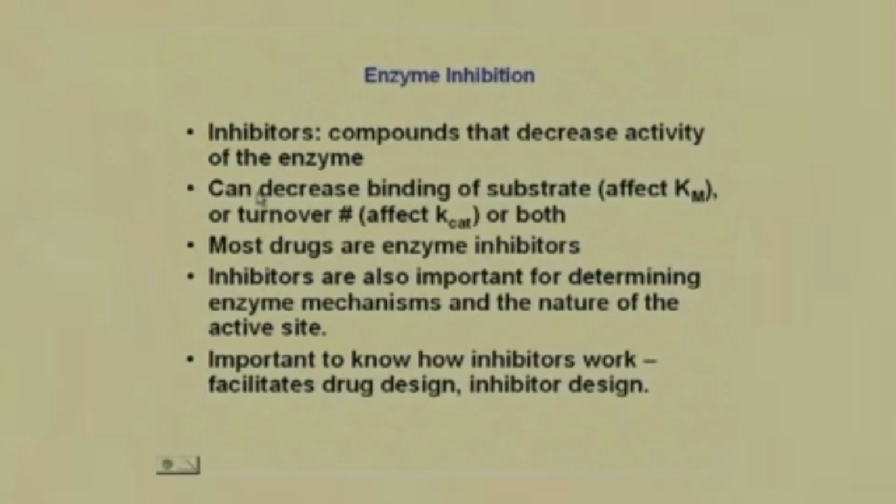They have to affect the efficiency of the enzyme. They decrease the efficiency of the enzyme by doing what? They can affect the Km value or the Kcat value or both of the values. So we have to decrease the binding of the substrate.